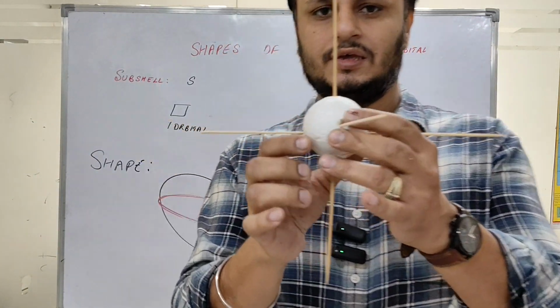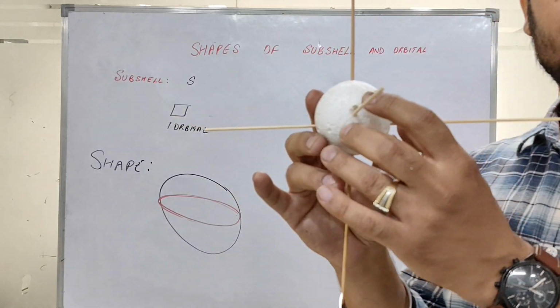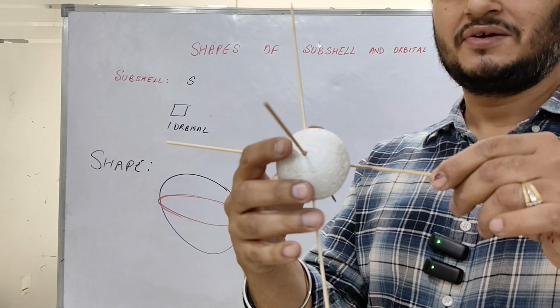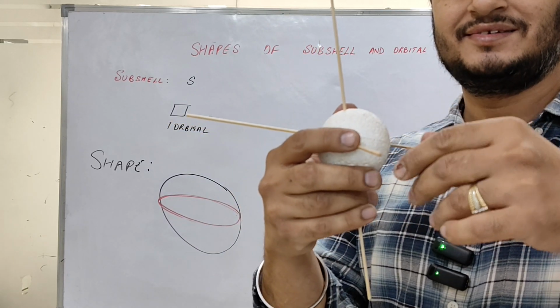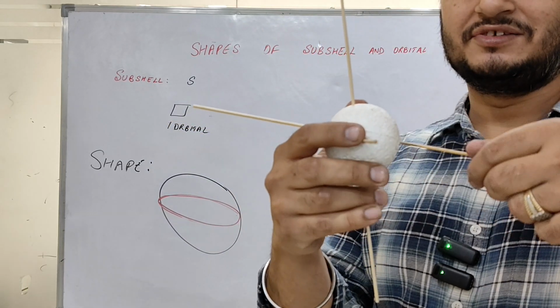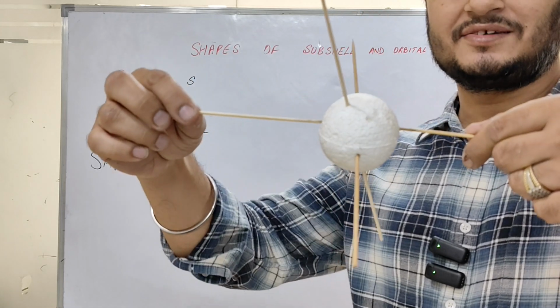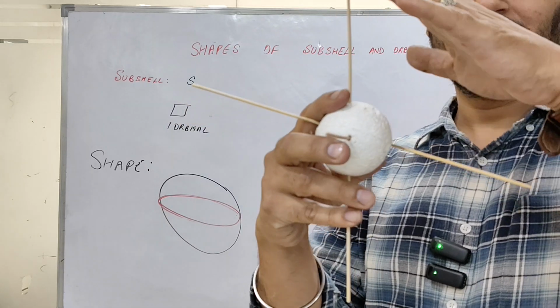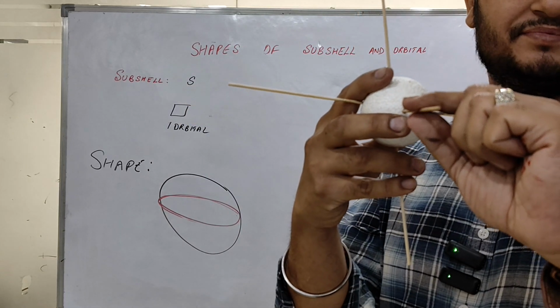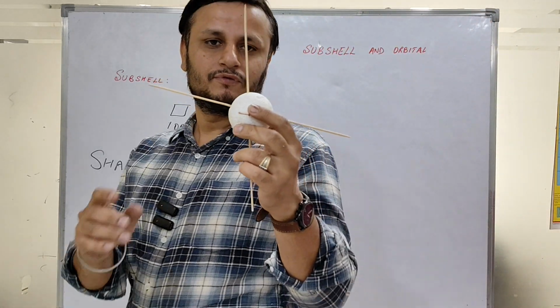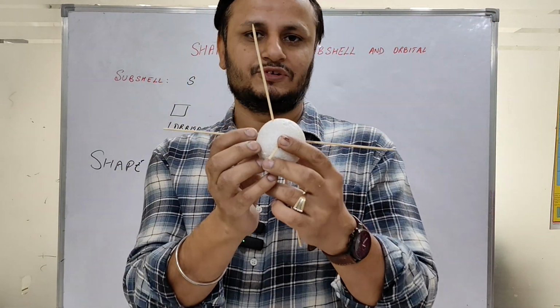Okay, this is the S orbital, spherical in shape, with the x-axis, y-axis and z-axis. Look, it is rotating by itself showing x, y and z. So this is the shape of the S subshell.